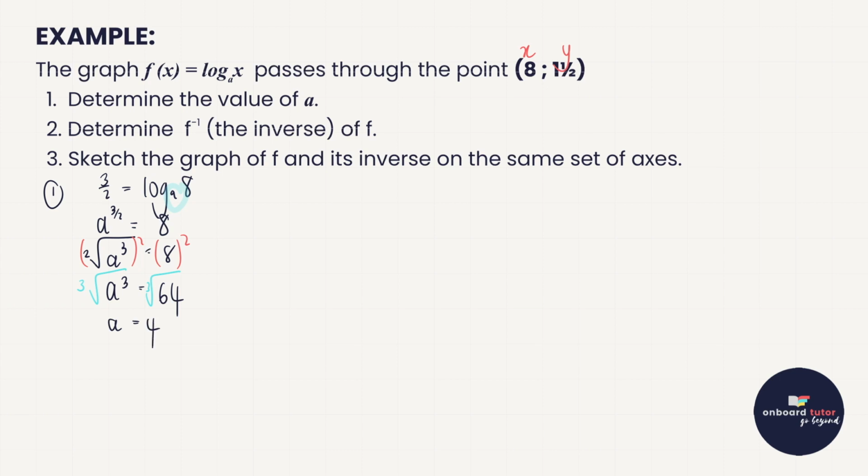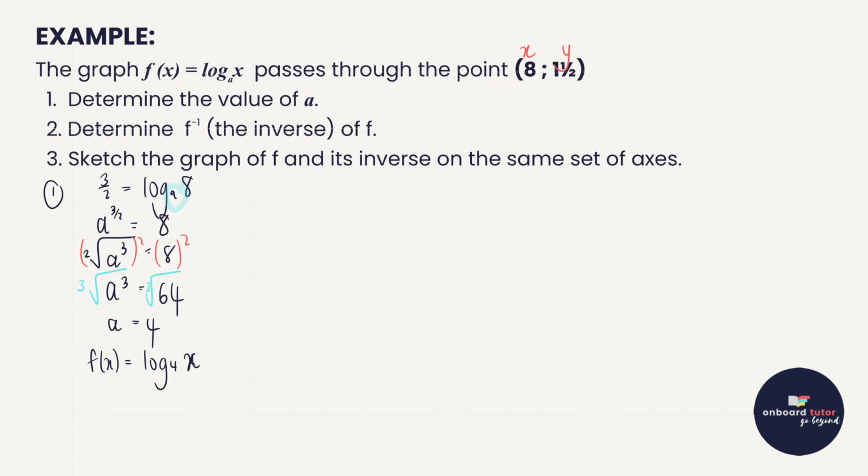Now if you're comfortable, you are welcome to do that in fewer steps, but I always like to see it unfold very systematically. And now they want the inverse of f. So we're dealing with a log function, and we want an exponential function. This brought us to the conclusion that f of x is equal to log base 4 of x.